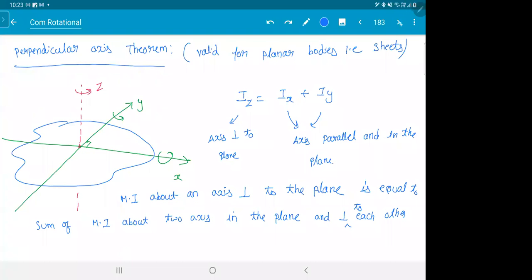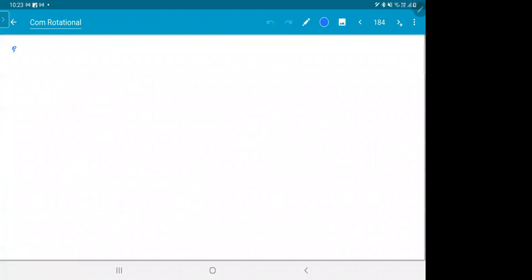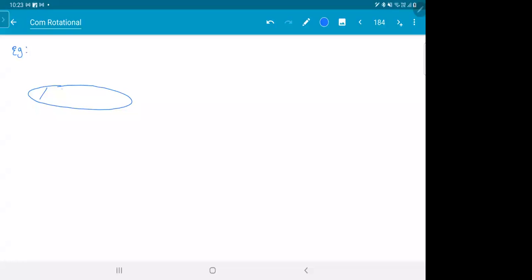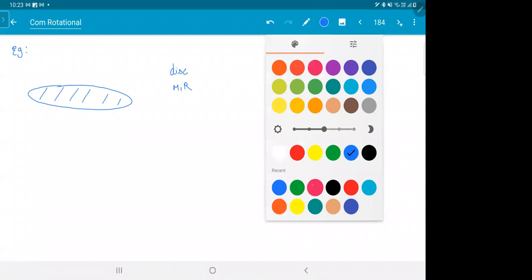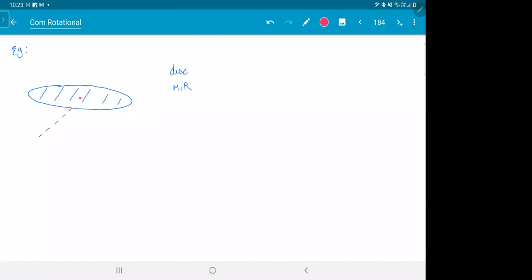See the example. Take a disk, like this. You're getting how it is? It is in the plane, not perpendicular.